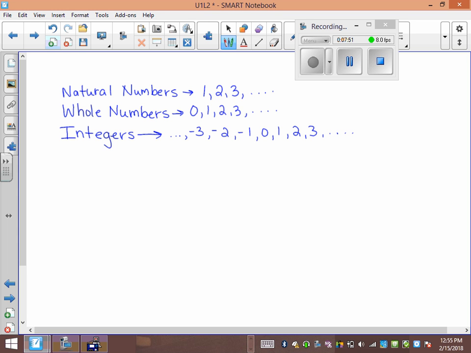The other things we have are rational. Rational numbers could be fractions. If you can turn it to a fraction, it's a rational number, that's for sure. But fractions are rationals. And the reason why you can turn them into fractions is because they're repeating decimals, and repeating decimals can turn into fractions.